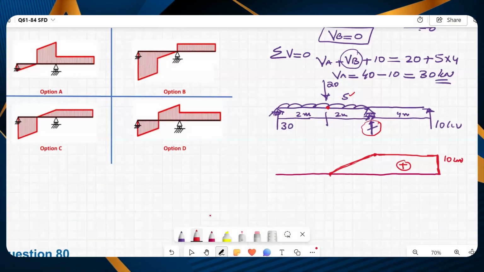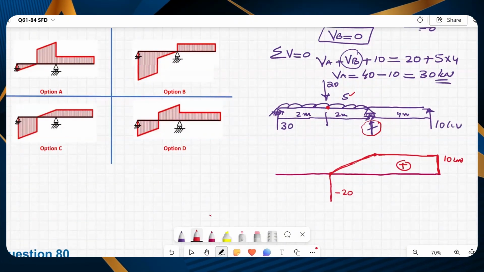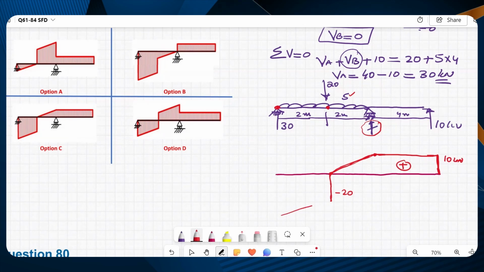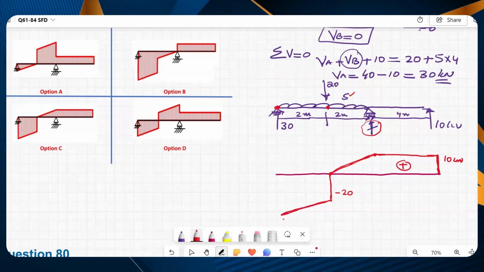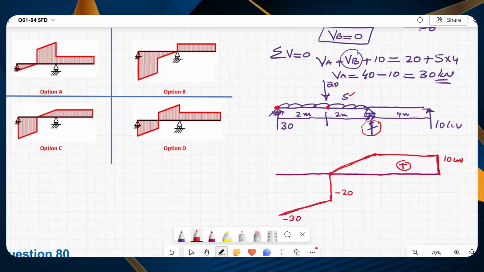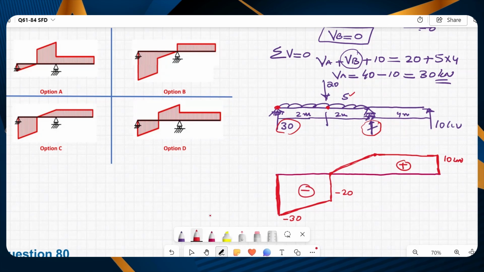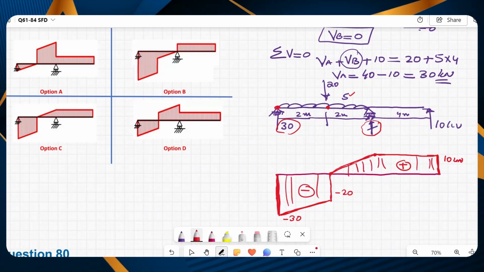So I will go down 20 minus 20, and between this point and the end I have again 5 times 2, which is 10. So minus 10. If I subtract minus 10, then I will have minus 30. At the end I have this reaction 30, which will bring it upwards, and overall this is negative. So this is how we draw a shear force diagram.